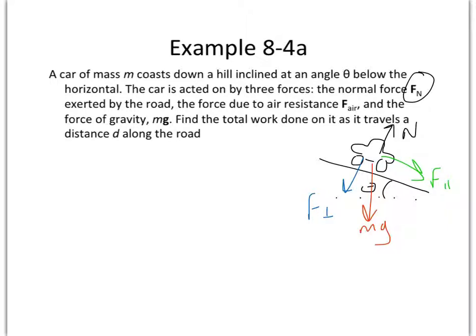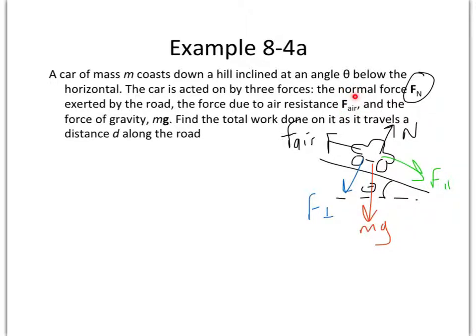There's also a force acting against the direction of the car's movement, which we'll call, looks like I'm writing F air, but it's the force of air resistance, resisting the movement of the car. I usually do resistance or friction forces as a lowercase. Here it's mentioned as an uppercase. It doesn't really matter.